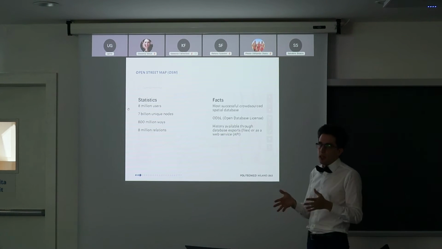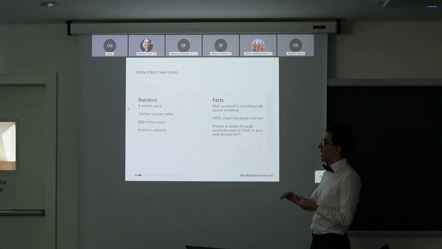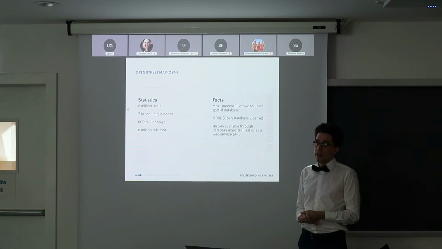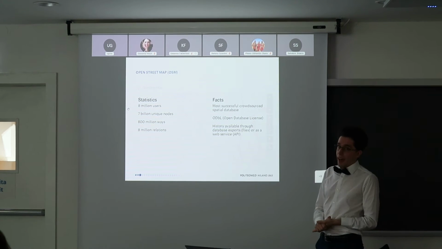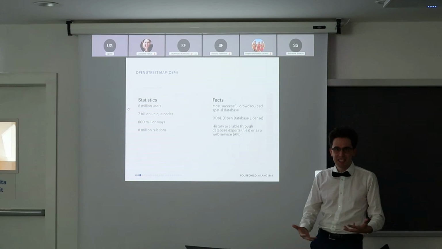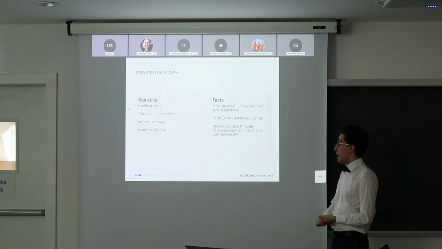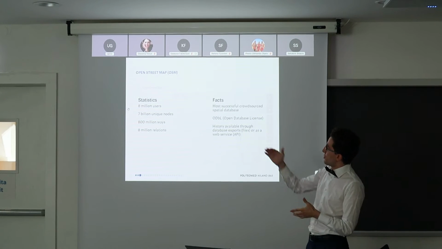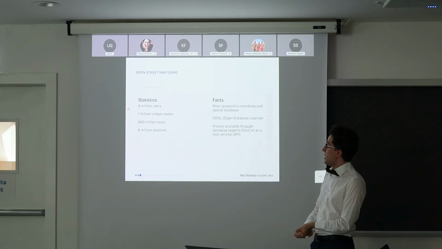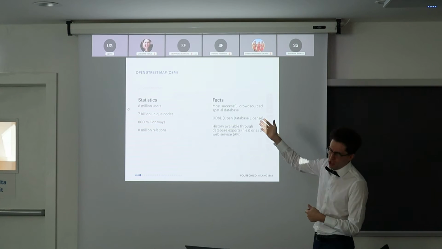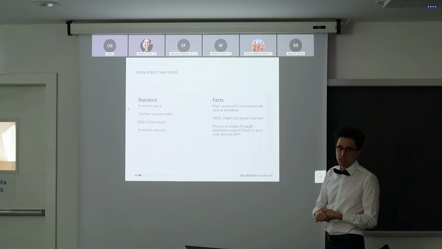OpenStreetMap is widely popular. I started contributing to it in 2008, and there were a lot of roads missing, and many details were missing. Nowadays, it has 8 million registered users, 7 billion unique nodes, 800 million ways. I mean, it's now a successful project.